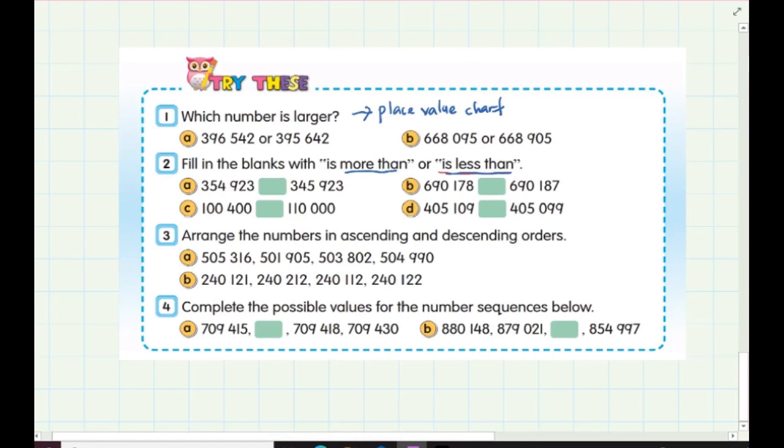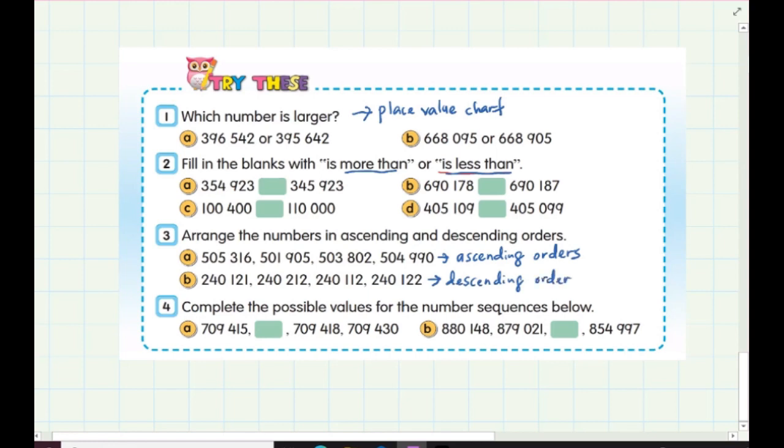Number 3, arrange the numbers in ascending and descending order. For A, I want you to arrange according to ascending order. And for B, you have to arrange the numbers according to descending order.